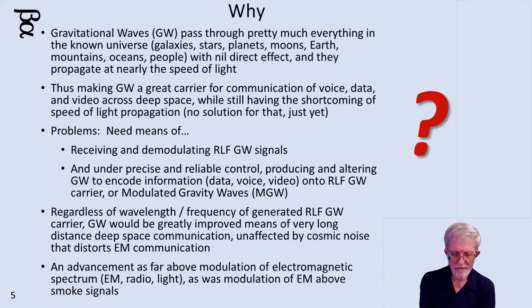We just need to find a way to decode gravity waves if there's a signal modulated onto them, and then to do it ourselves, transmit gravity waves with a modulated signal. Once we get these two things, receiving, demodulating and then sending modulated gravity waves, it will be as far-reaching an advancement in human deep space communication as coming up with modulation of the electromagnetic spectrum was above smoke signals.